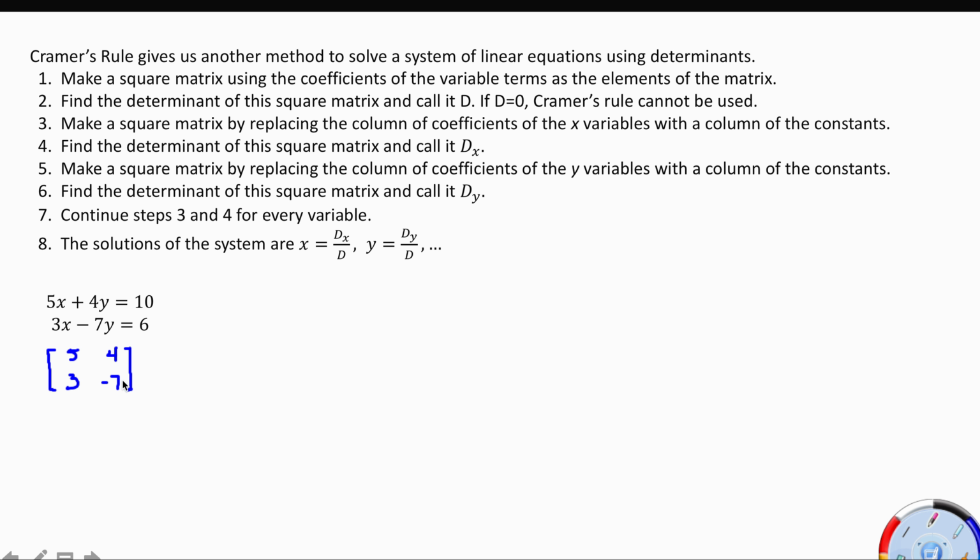Okay, and I'm going to find its determinant. I'll just call that D. So D is going to be the determinant from my variable coefficients. So negative 35 minus 12, or negative 47.